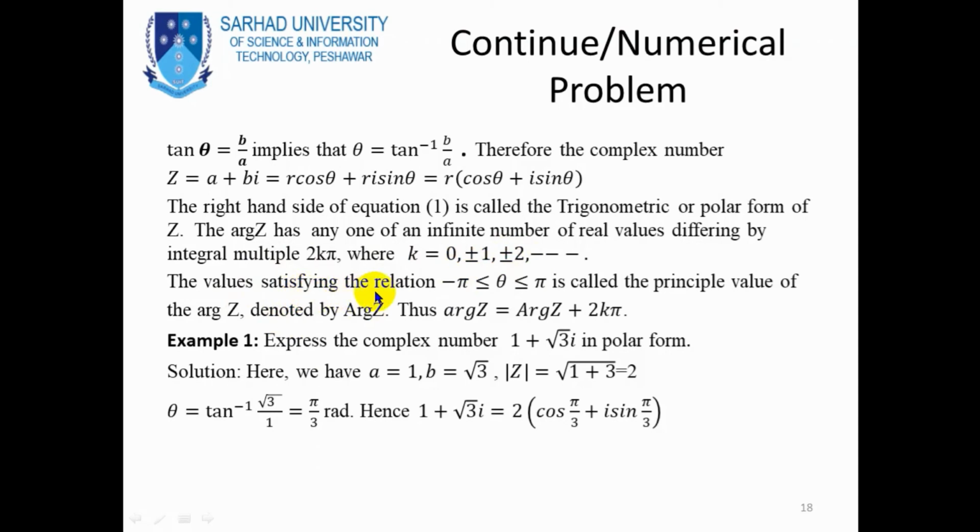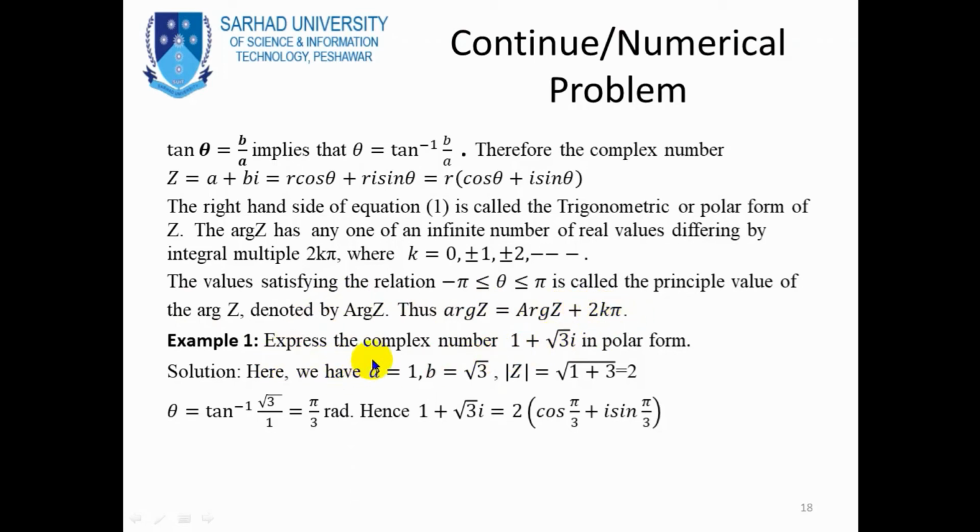The value satisfying the relation theta greater than or equal to minus pi and less than or equal to pi is called the principal value of the argument of z, denoted by capital Arg z. Here small arg z is the actual value of theta, and capital Arg z is the principal value of the argument of z. Thus small arg z is equal to capital Arg z plus 2k pi.